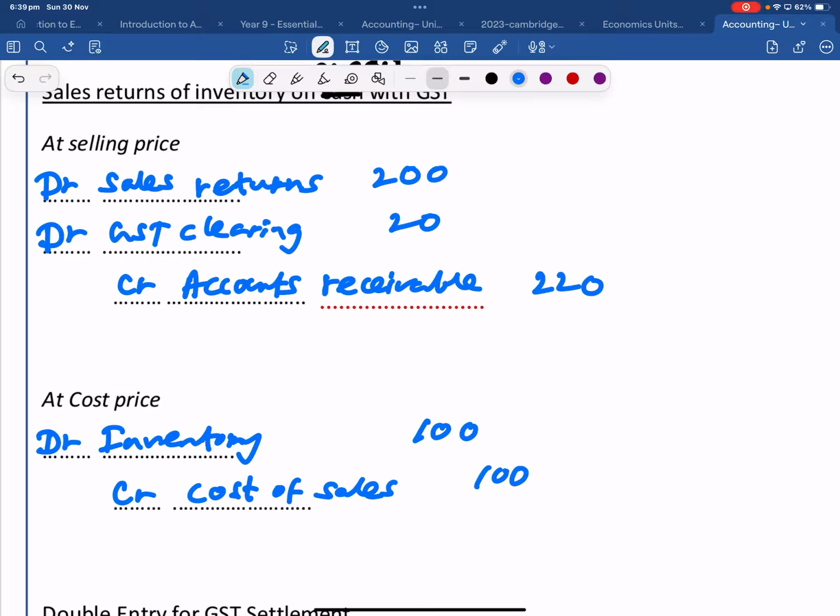Otherwise, had we simply recorded it in the sales account, no one could find it. Nobody can find the sales returns. Because at the end we would be just recording the sales. When we have a separate ledger account, it will come in the trial balance, and also be reported in our reports.